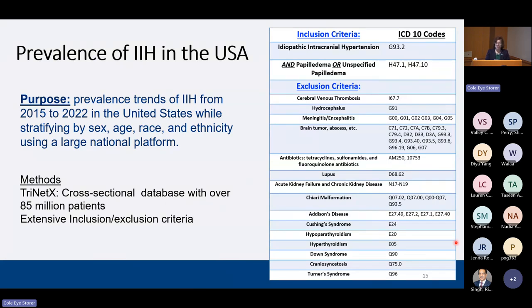And we evaluated the prevalence of IIH from 2015 to 2022, while stratifying by sex, age, race, and ethnicity using this large aggregate platform. We also had a strong inclusion and exclusion criteria because, again, a reminder here, IH is a diagnosis of exclusion. So we wanted to confirm that our results weren't tampered with, like potential brain tumor patients or patients who did not have idiopathic intracranial hypertension.